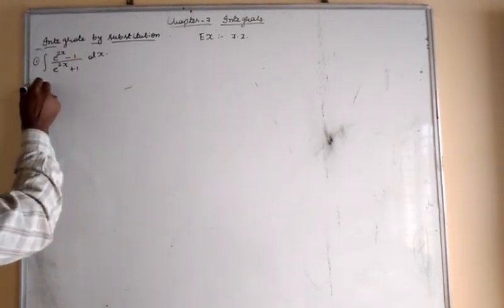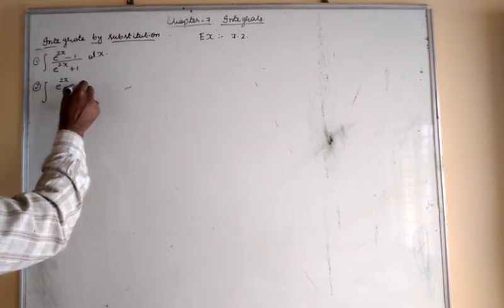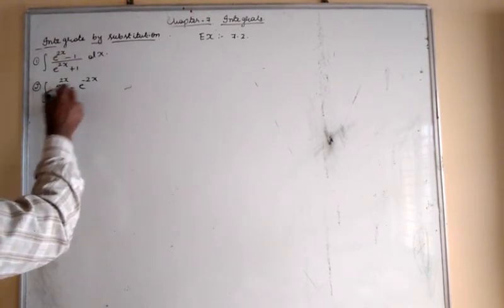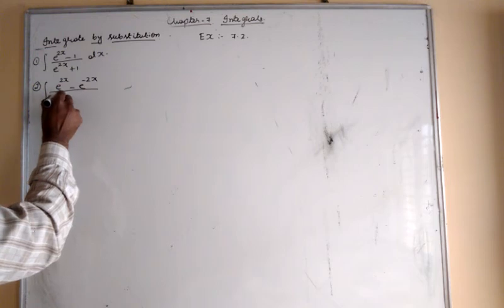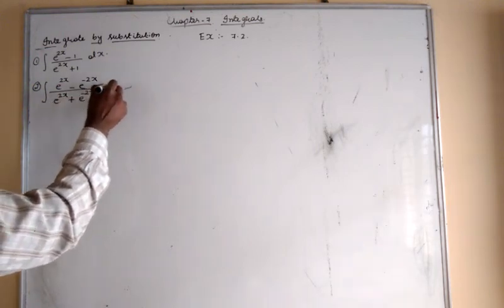Then second one, integration of (e to the power of 2x minus e to the power of minus 2x) by (e to the power of 2x plus e to the power of minus 2x) dx.